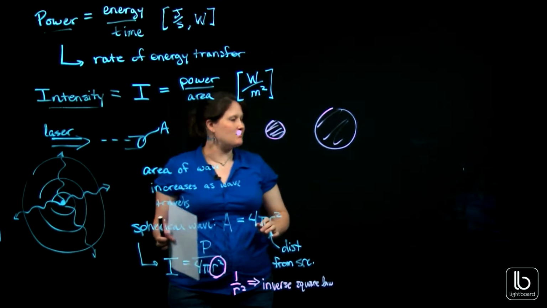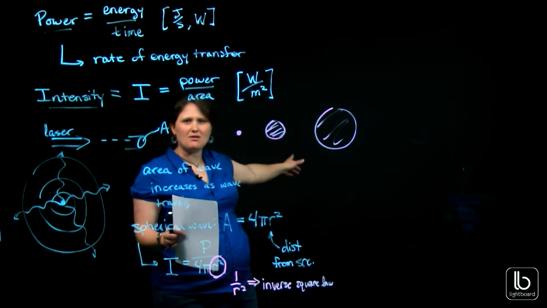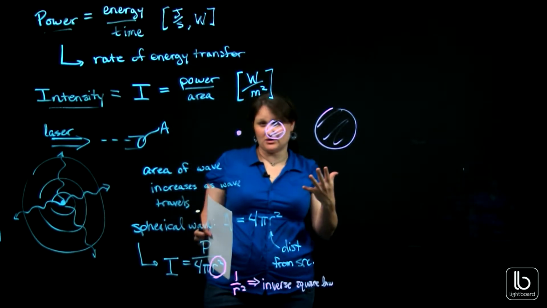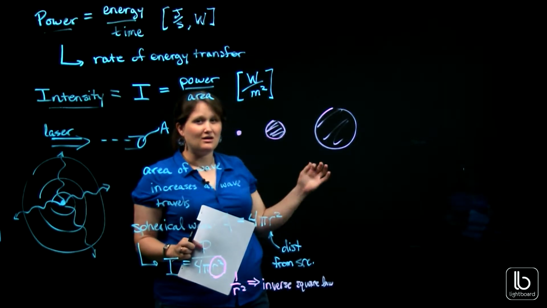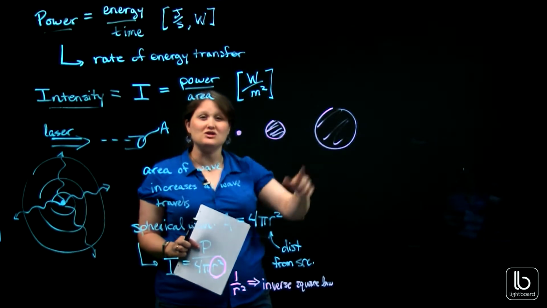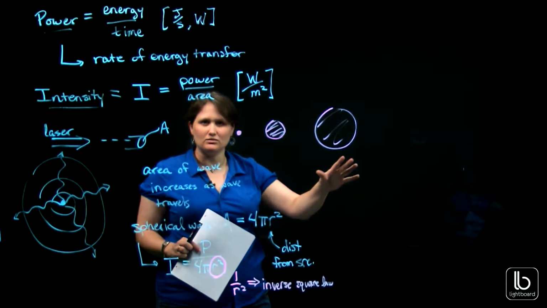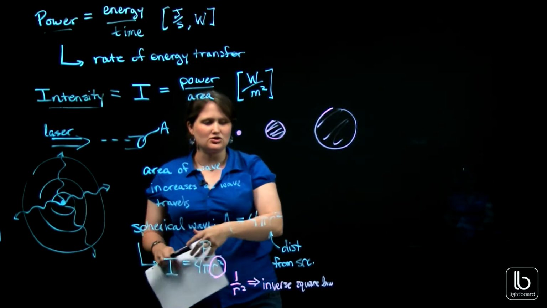It may not show up, but I could have someone spray paint way in the back of the room, and I can still smell it, which is to say, a little bit of that paint is still reaching me up here at the board. I may not be able to measure it, but it's not zero. That's what the inverse square law is about.